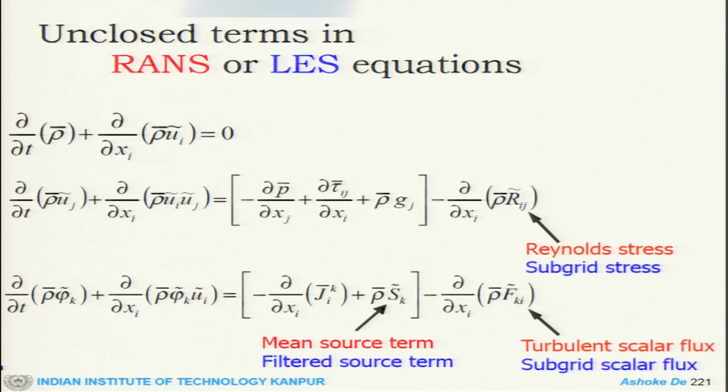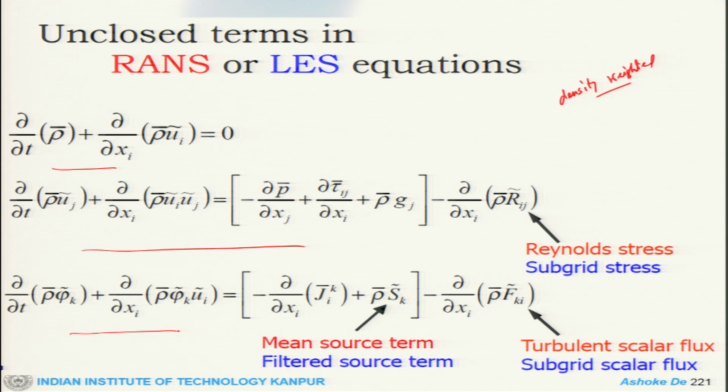So now when you again go back to the governing equations, whether it is RANS based, these equations are again density weighted: your continuity equation, and then momentum equation, scalar transport equation.